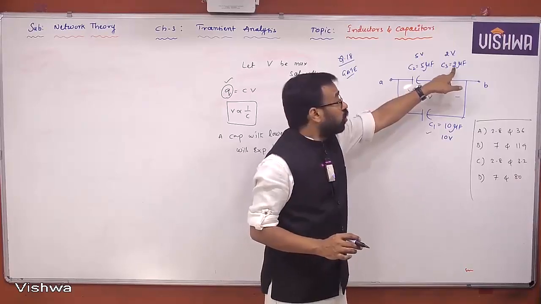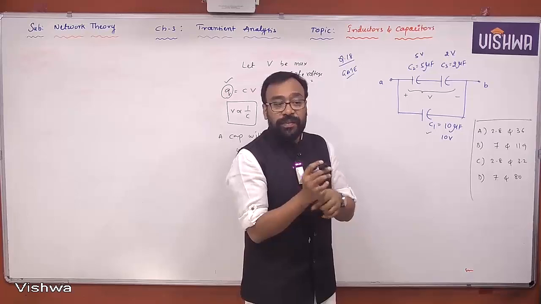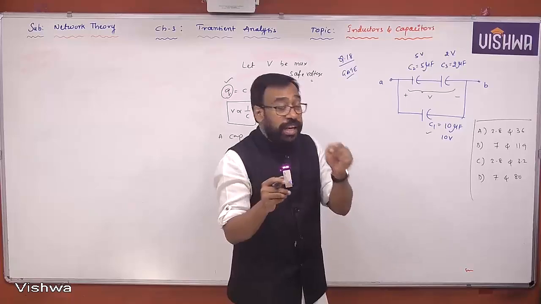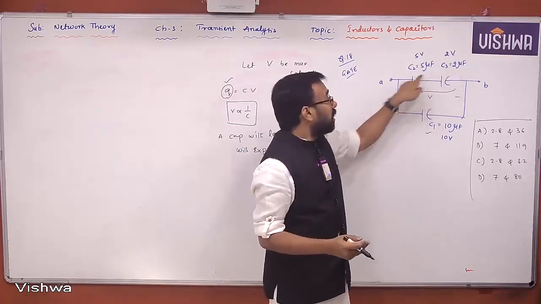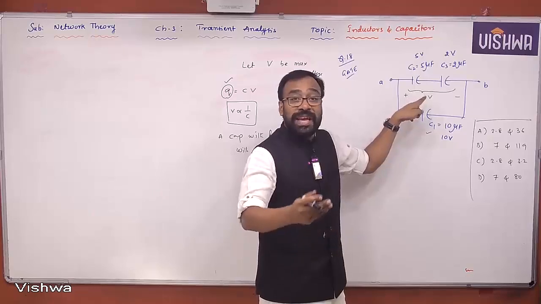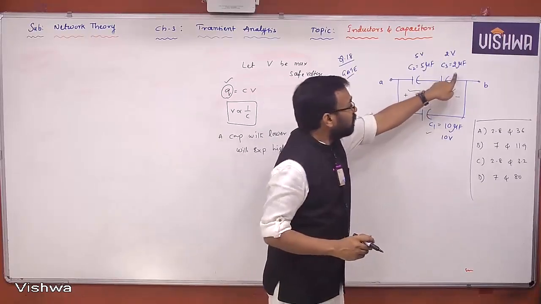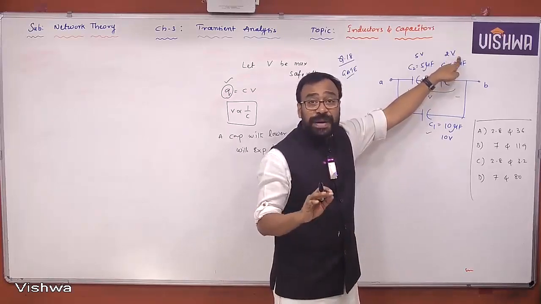Okay. Now the 2 microfarad capacitor is having some problem. If you really design that maximum safe voltage keeping in mind this particular capacitance, then obviously the other is also taken into consideration or not? Yes, definitely. What is this breakdown strength actually here? 2 volts. What is this breakdown strength? 2 volts.